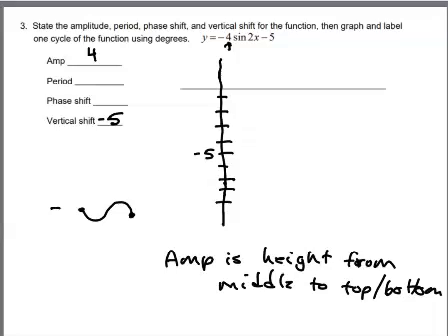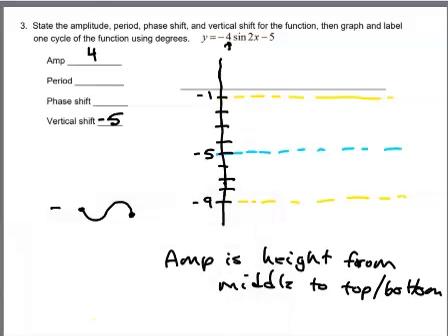You can see my graph is not perfect, but I'm going to go down to negative 9 and up to negative 1. We just want to be able to clearly see where our midline is. So it's going to hover around negative 3 and go up to negative 1 because it's going to go up 4 from there and down 4 from there. So that's what we mean by amplitude. It's from the middle, how high it goes, how low it goes.